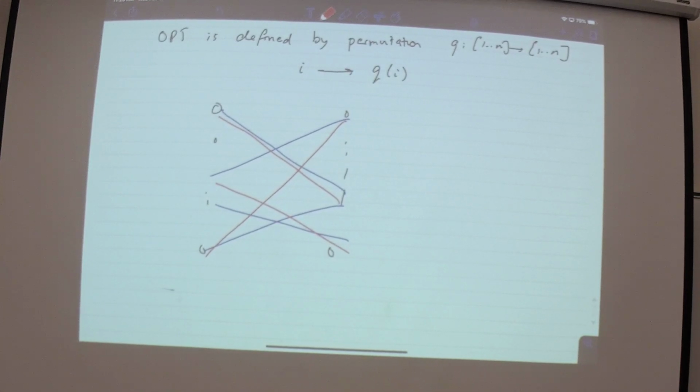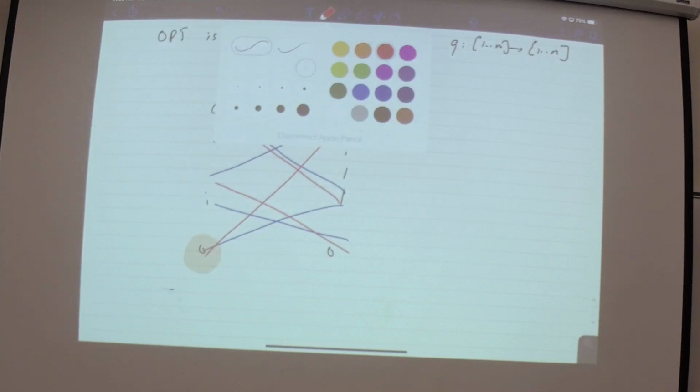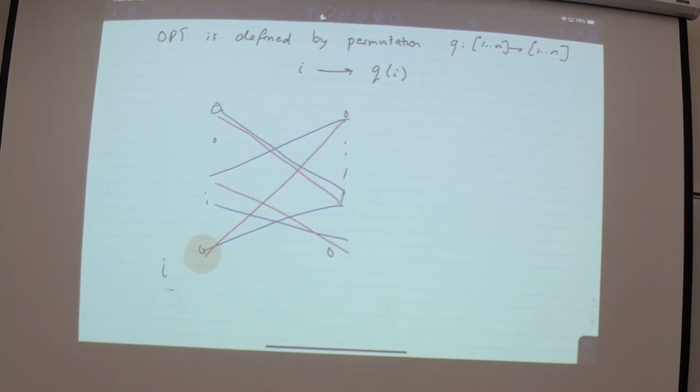So I'm just imagining. So let's fix one particular element. We'll call this element I. Now in the algorithm solution, this maps to pi of I, right?